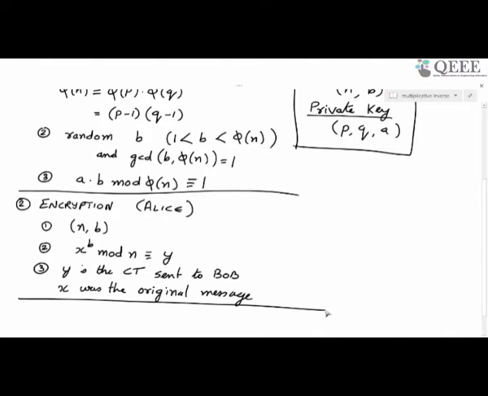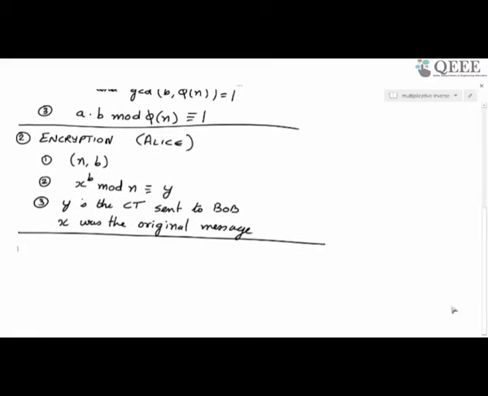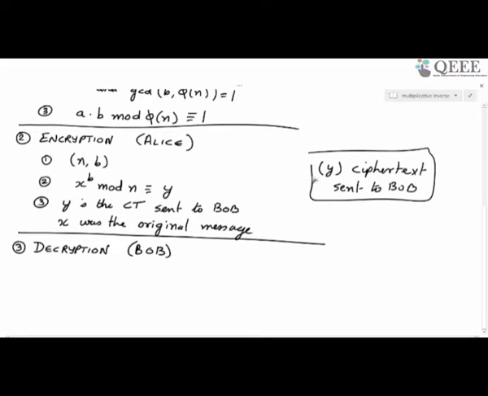Okay, so this is the second step, and the third step is the decryption part, which is done by Bob. So the message y, which is the ciphertext, is sent to Bob. Bob takes the y, which he obtains from Alice, and raises it to the power of a.